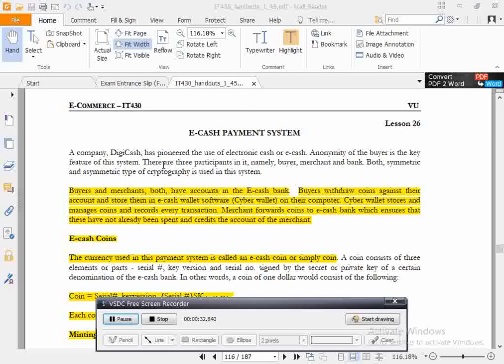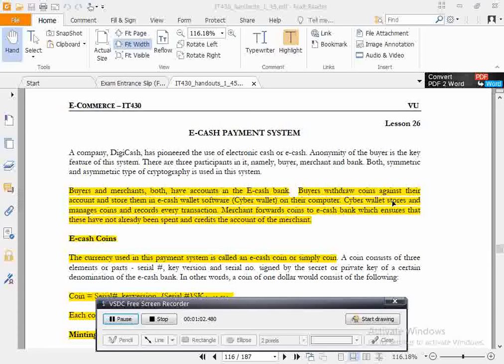चलें जी, स्टार्ट करते हैं। ई कैश पेमेंट सिस्टम। Buyers and merchants both have accounts in each e-cash bank. Buyers withdraw coins against their account and store them in e-cash wallet software, cyber wallet, on their computer.